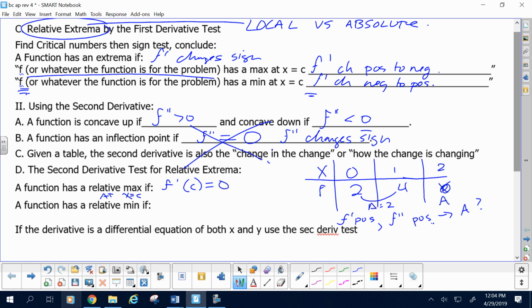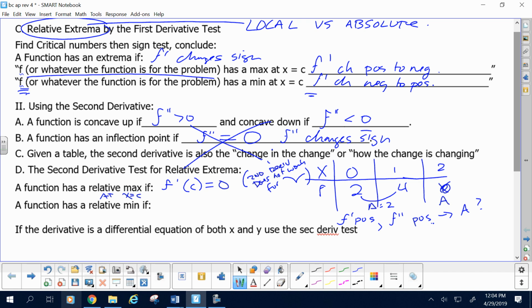It's worth noting that the second derivative test does not work for undefined points, like sharp turns and cusps. The second derivative test is a wash there. I can't prove anything there because if the first derivative doesn't exist, the second derivative doesn't exist, and there's no way to say the sign of the second derivative.